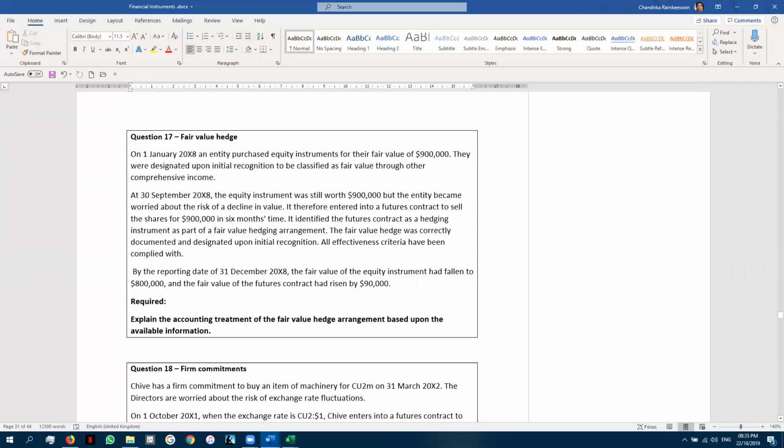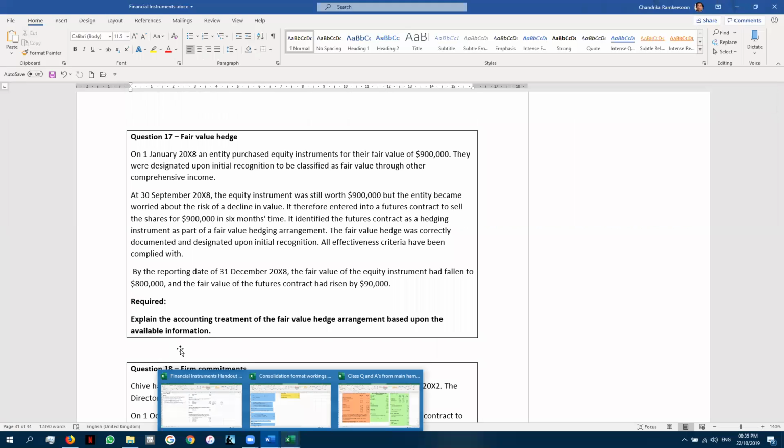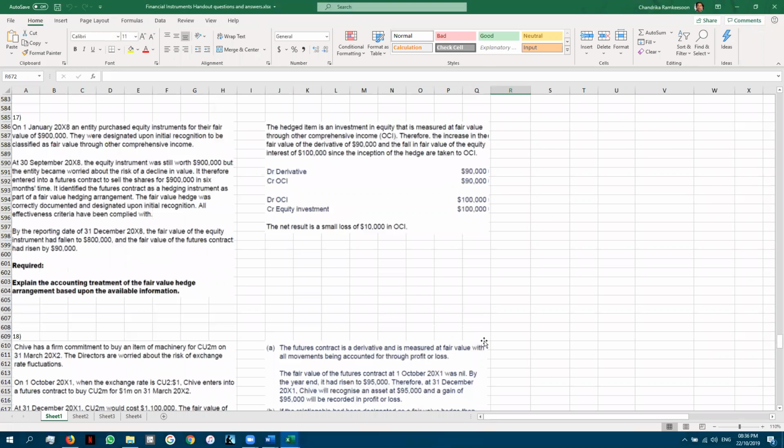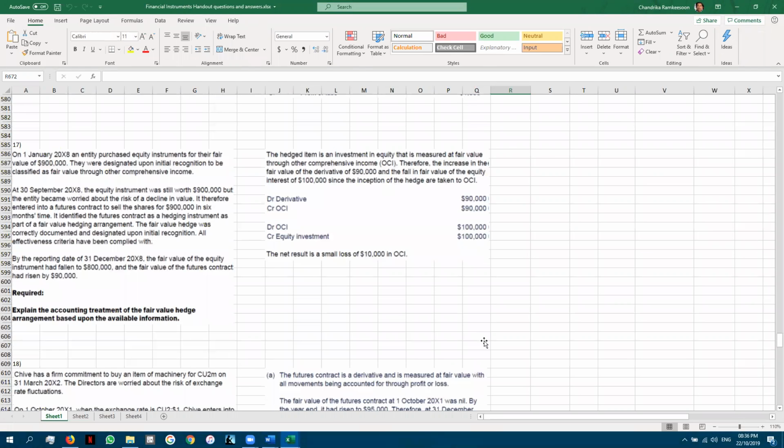So let's go to our worksheet. On 1st January, Exeter an entity purchased equity instruments for their fair value of $900,000.